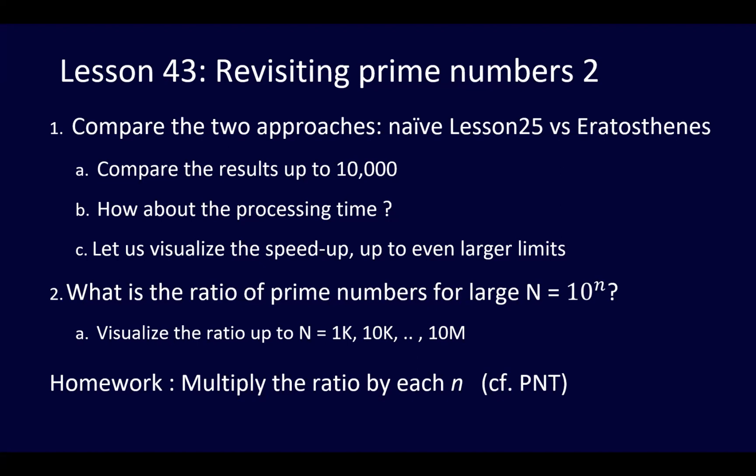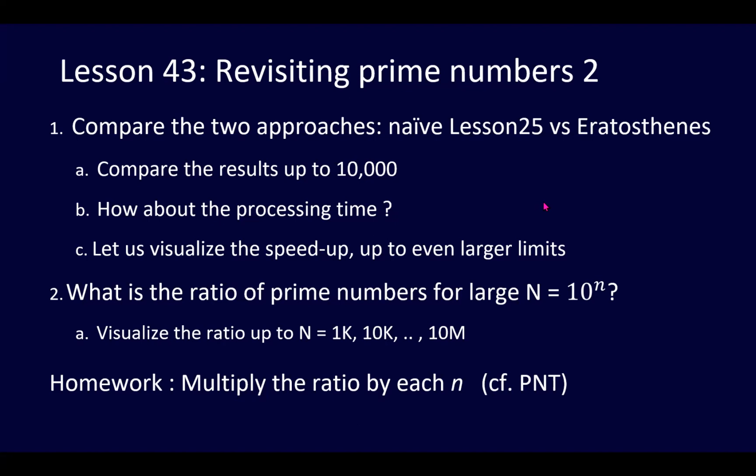That's the ratio of prime numbers up to the number x. And when multiplied by the natural log of x, it approaches 1.0. So let's check that.